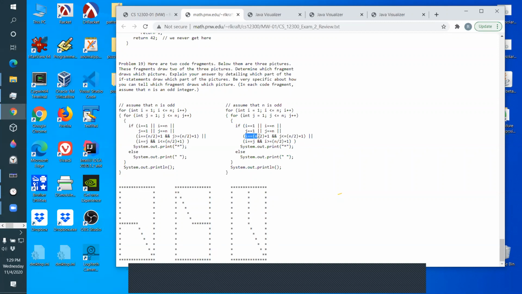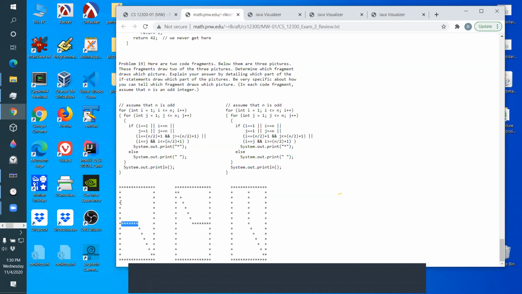And this is saying we want the row to be in the middle, and the column is before the middle. So this draws a horizontal line in the middle on the left. So on the middle row, fill in all the columns that are on the left half. That's this guy.